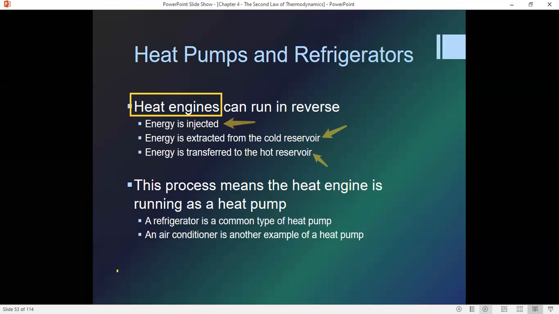The most common examples of heat pumps are, of course, the refrigerator, freezer, the air conditioner, and air conditioners that are specially designed to run both ways are oftentimes called heat pumps.